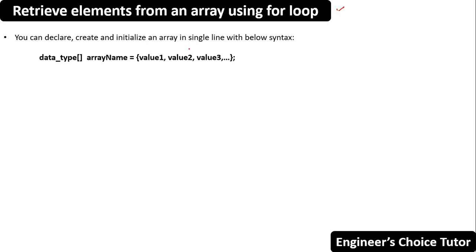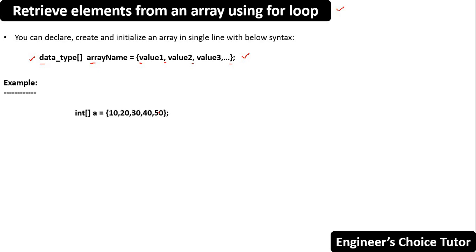This is the syntax: first we provide the data type, then square brackets, a space, the array name, equal to, and then the values within curly braces separated by commas. So this is the syntax of declaring, creating and initializing an array in a single line.